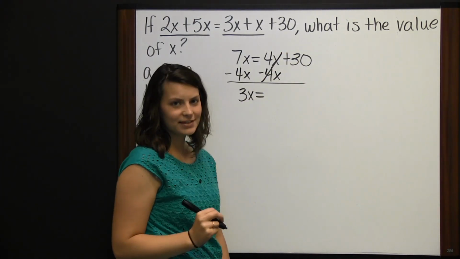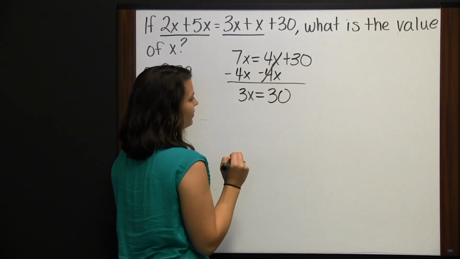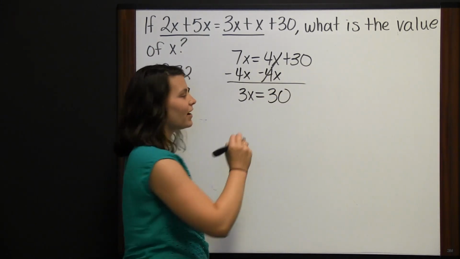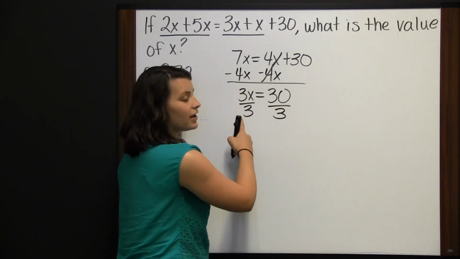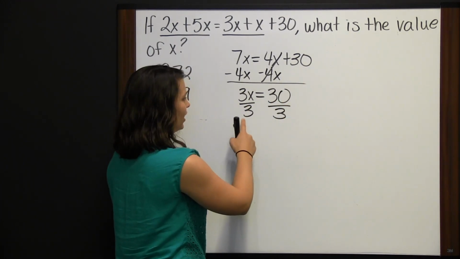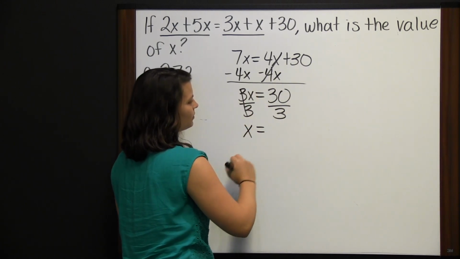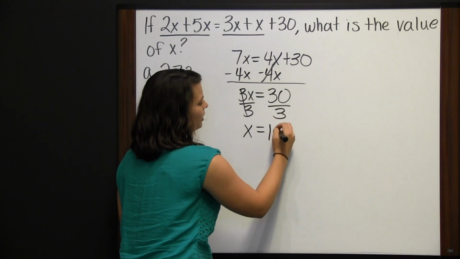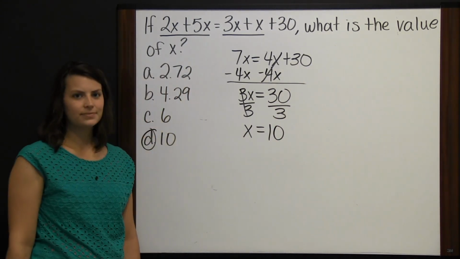They're additive inverses. And we bring down the positive 30. Finally, we need to divide both sides by 3. 3 divided by 3 is 1, and 1 times x is simply x. So x equals 30 divided by 3, which is 10. And that's answer choice D.